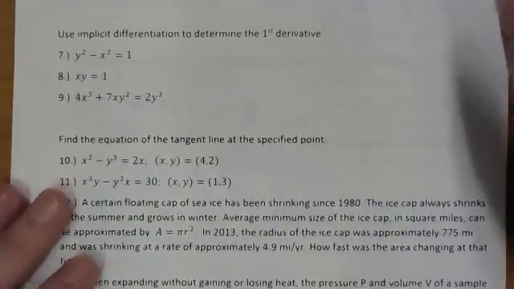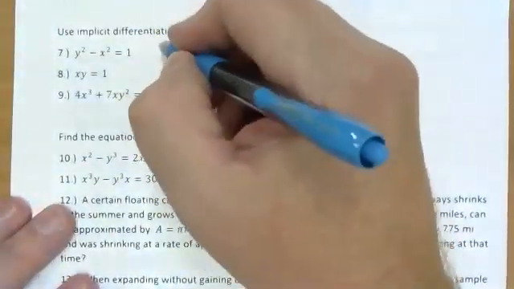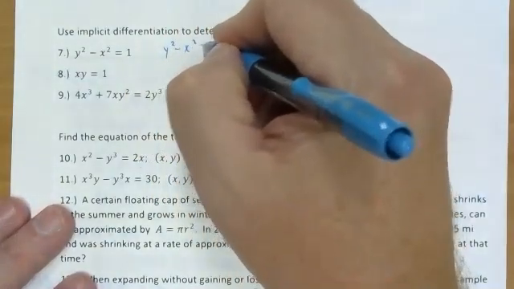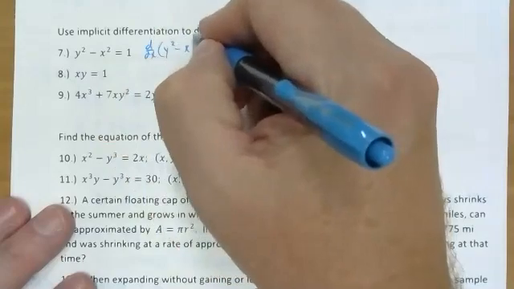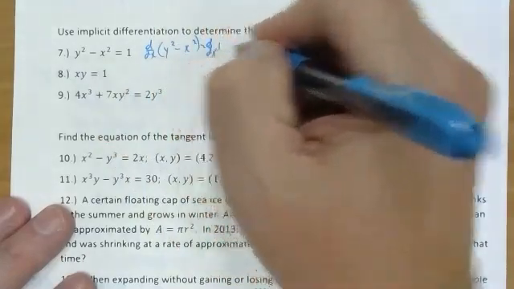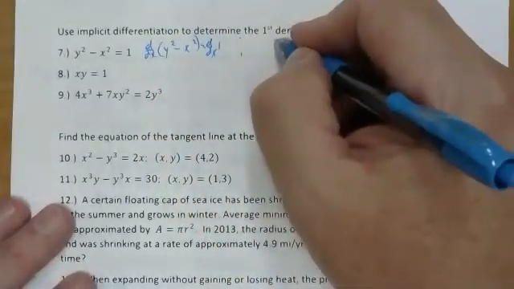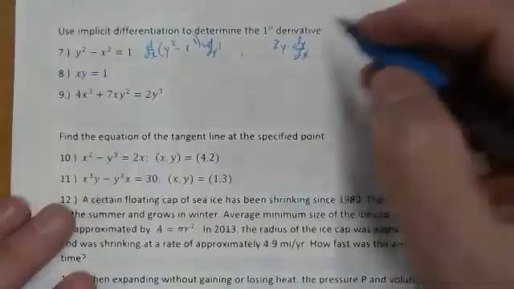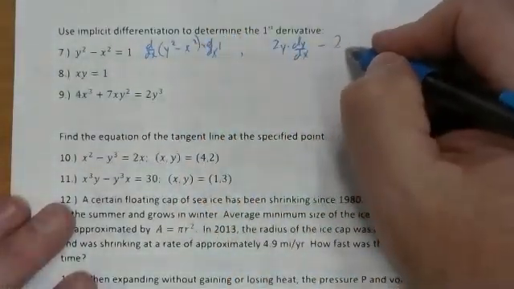So number 7, implicit differentiation. So that means I'm going to take derivative of both sides with respect to x, right? Derivative of y squared is 2y times dy dx minus derivative of x squared is just 2x.